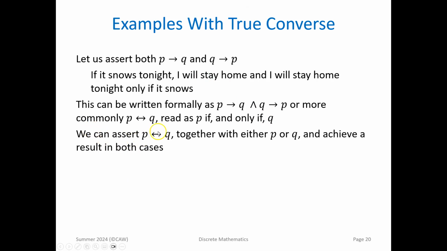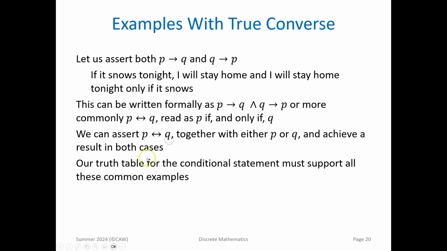So we can assert P if and only if Q together with either P or Q, and we'll achieve a result in both cases. Right? If we assert this dual arrow conjunction conditional, P if and only if Q, and then we assert P, we can assert Q. If we assert this double arrow conditional and we assert Q, then we can assert P. It has both of the directions inside.